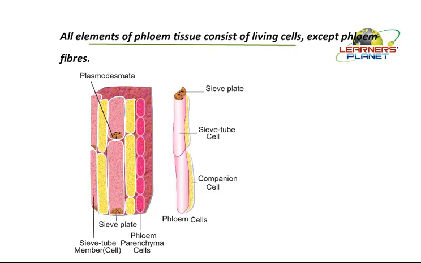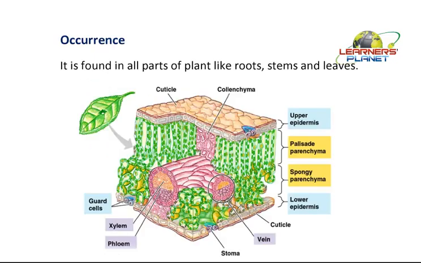And here when we are discussing phloem tissue, then it is fibers. So just to clear this point out, xylem tissue has maximum dead cells and the living part is only xylem parenchyma. In phloem tissue, all elements consist of living cells except phloem fibers, and therefore these fibers provide mechanical strength for the maintenance of these structures.